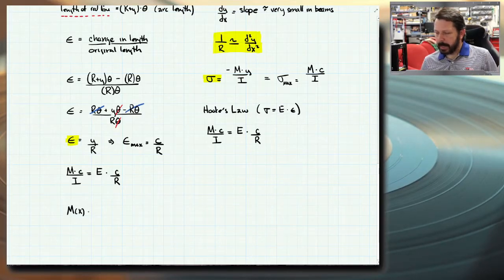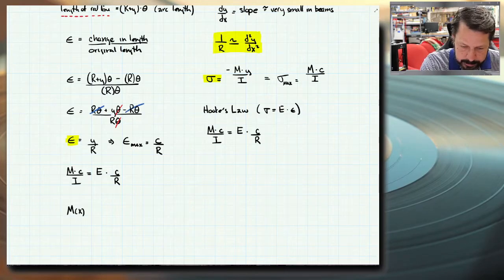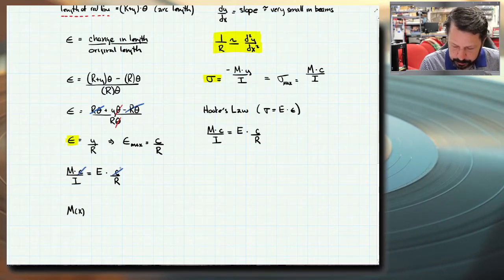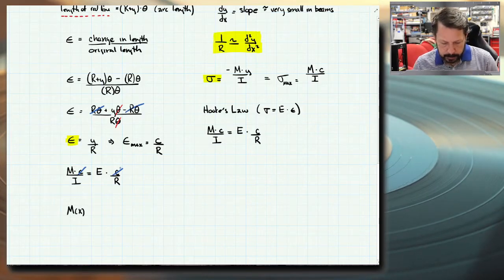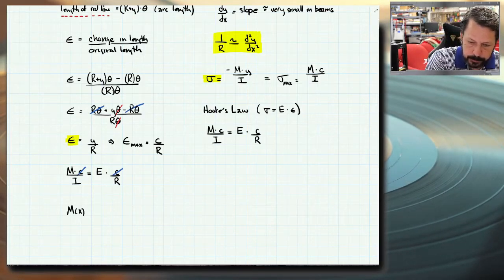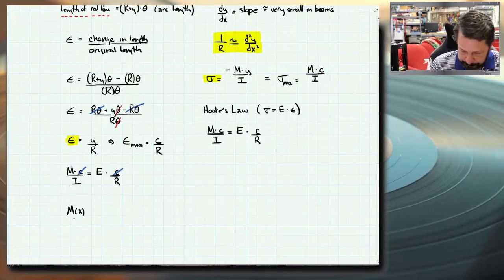We see that we have C in the numerator on the left-hand side of the equal sign, and C in the numerator on the right-hand side of the equal sign. So those we can divide through by C and they disappear. Let's move E over to the left-hand side.